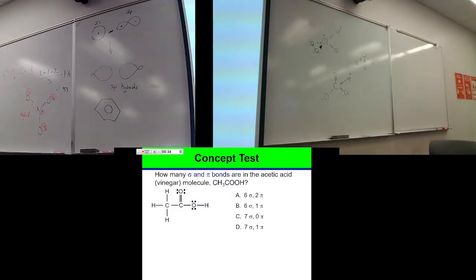This is a good test question, too. So, not to give away the answer, but does the double bond necessitate a pi bond? Yes.